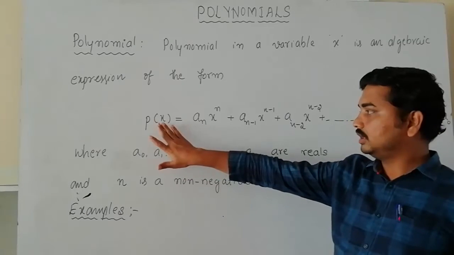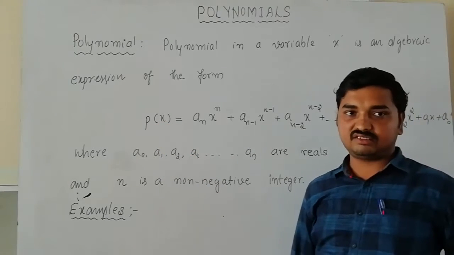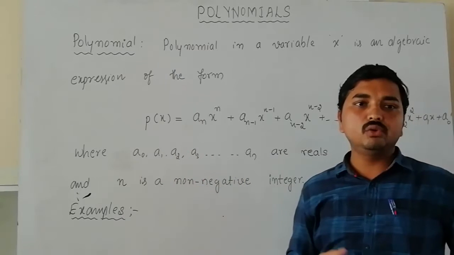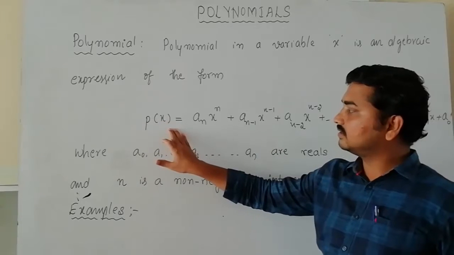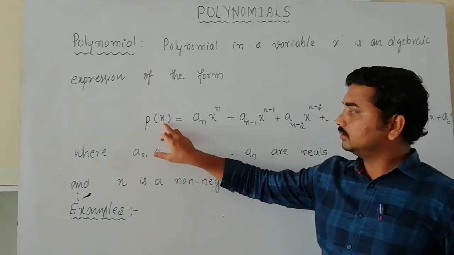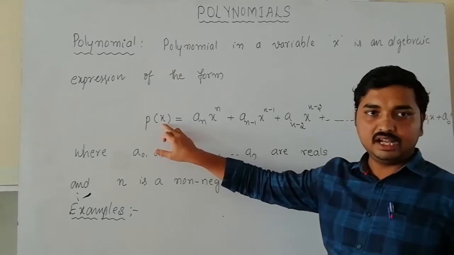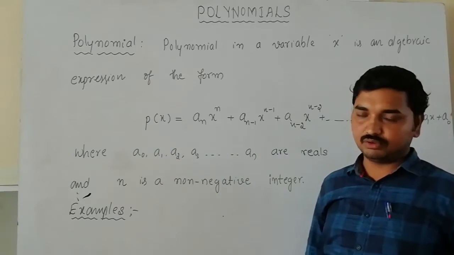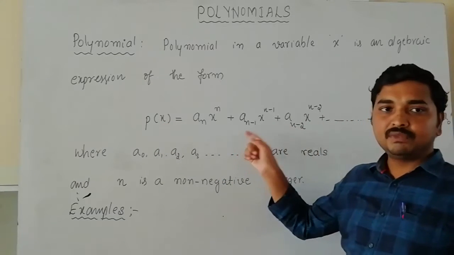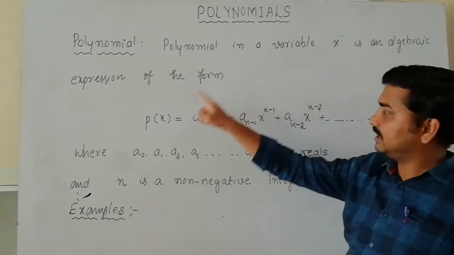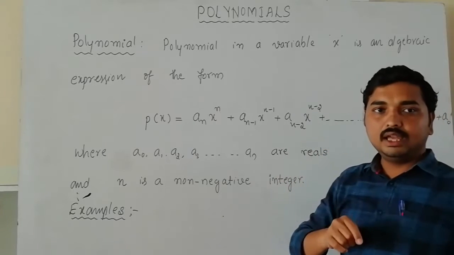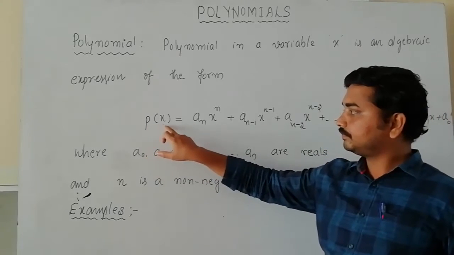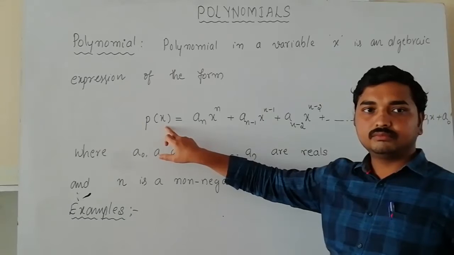We always denote a polynomial like this, P of x. Or sometimes you can denote Q of x, R of x, T of x, like that. Within the bracket, whatever you have written should be the variable. Remember this. So this is the polynomial in variable x. That's why I have written x. Suppose it is a polynomial in variable y, then you need to write P of y.